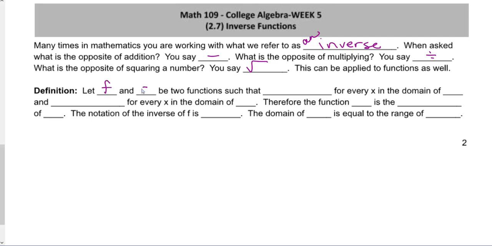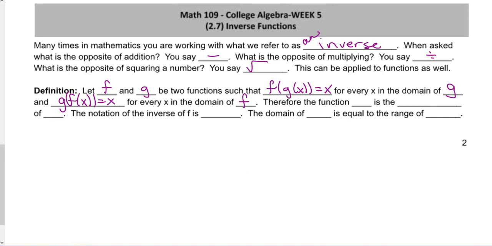We're going to let f and g be two functions such that f of g of x, so here's where composing comes into play, if I do that with those two functions, it equals x for every x in the domain of g. And the reverse of that, g of f of x equals x for every x in the domain of f.